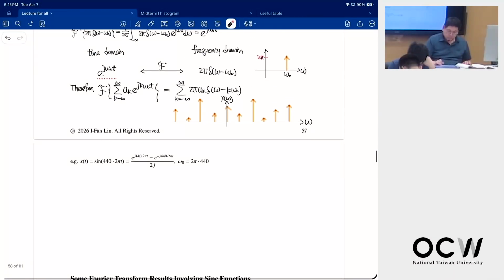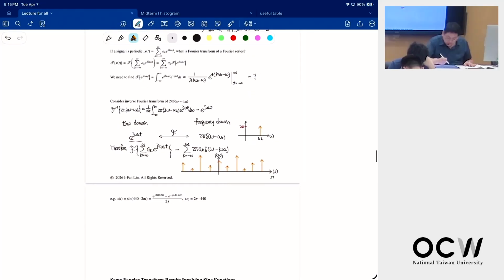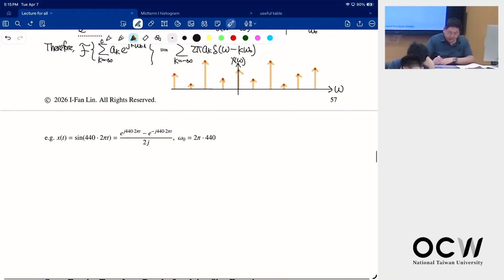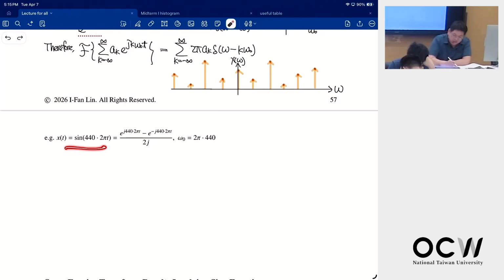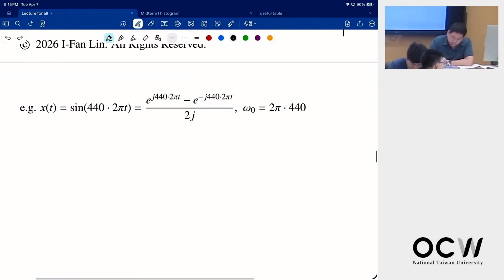Okay. Let's finish this example. So if I have a signal that's a sine function, I can also rewrite it using the complex exponential. Then the omega naught will be 2 pi times 440. Then what is the Fourier transform of this?